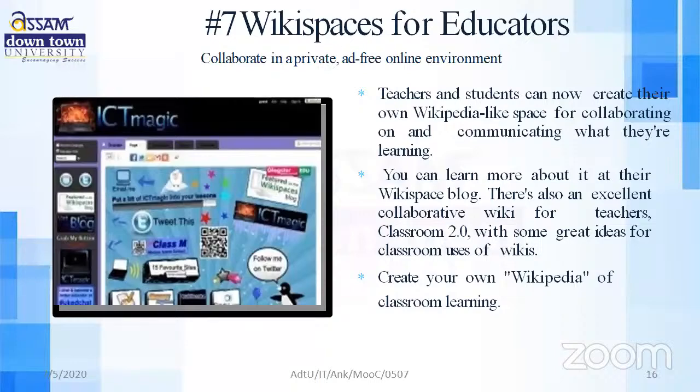By using this wikispace, you can type that in the space so that other people who have joined can learn the things shared by you. So it is sometimes a collaborative classroom type of work. It is a part of Wikipedia, or you can create your own Wikipedia of classroom learning by using the wikispace.